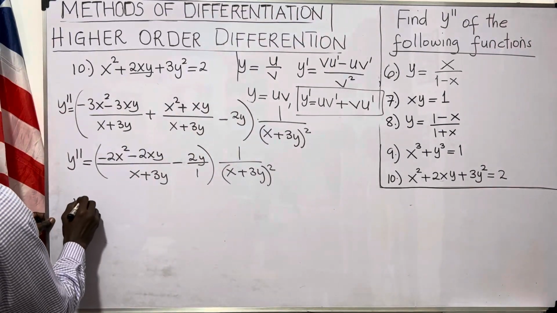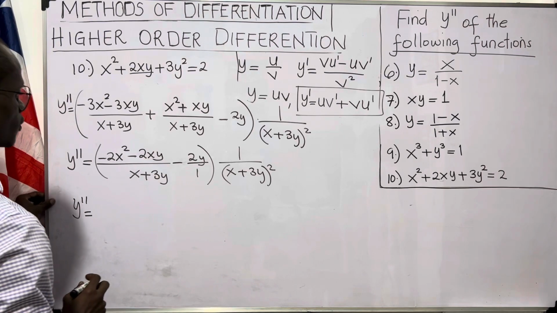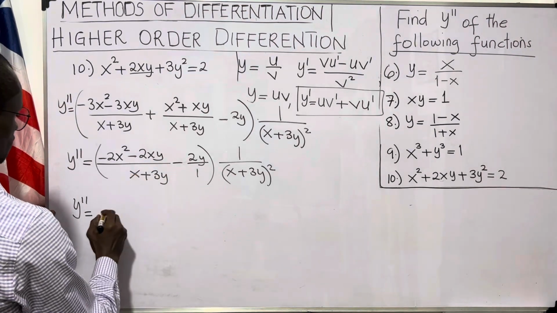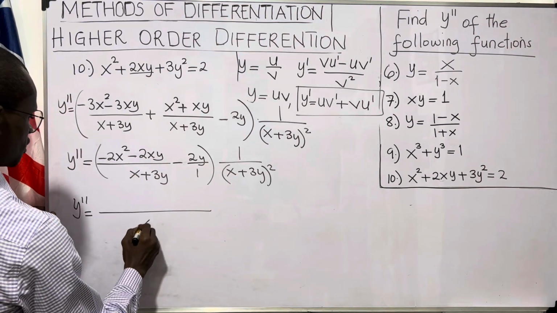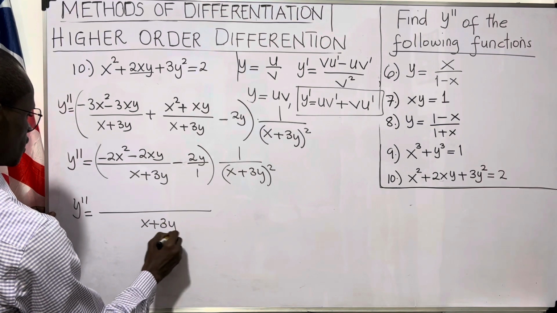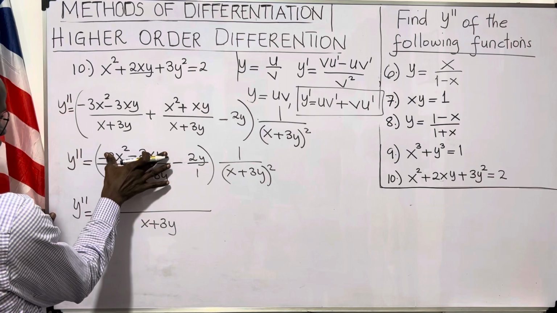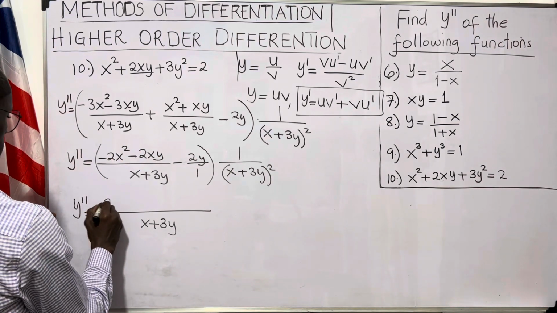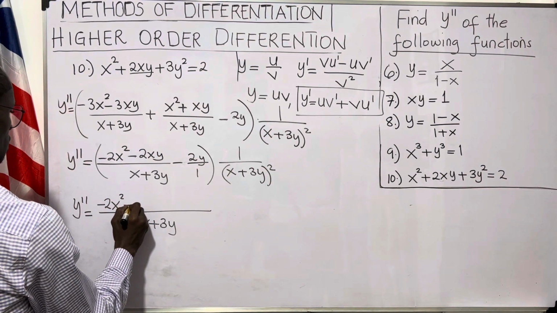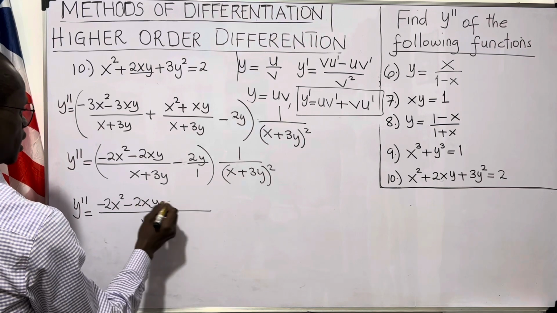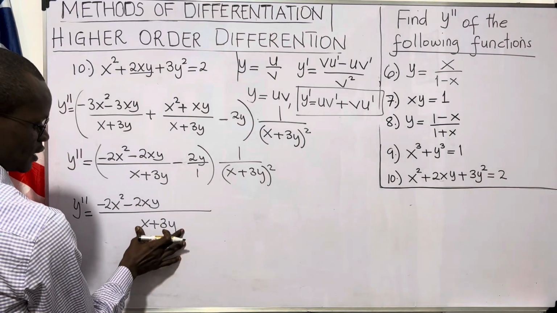So y prime prime equals, the LCD now for this term and this term is just x plus 3y. So x plus 3y into x plus 3y is just 1. 1 times this numerator is the same numerator. Then 1 goes into this, is this entire thing.